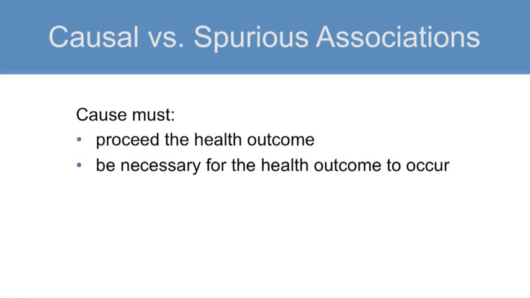A cause is something that must precede the health outcome and must be necessary for the health outcome to occur. A given health outcome or disease can be caused by more than one causal mechanism, and every causal mechanism involves the joint action of a number of component causes.